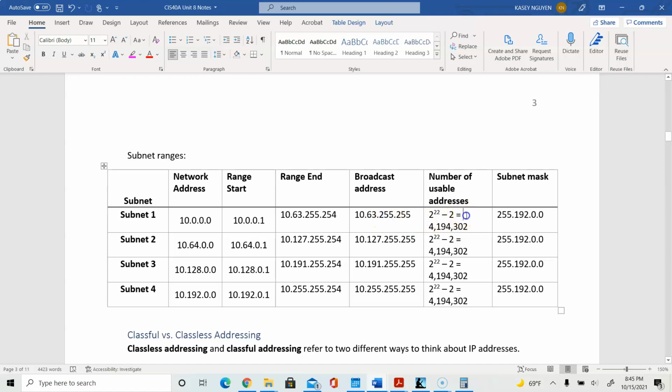We found the usable addresses, which will be 2 to the host bits, subtract 2, which gives us this many IP addresses that we can use for each of the networks, and our subnet mask. And so as you can see, once you put it together, it's going to go from the network address to the range start, to the range end, to the broadcast address, to the number of addresses, and we would then have the subnet mask.